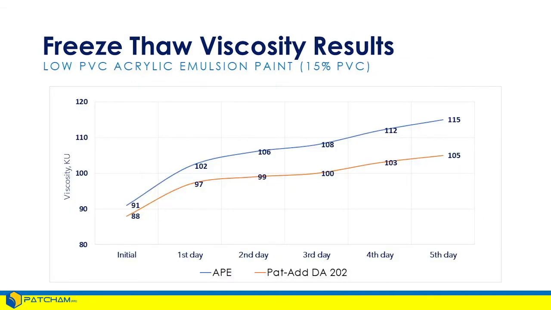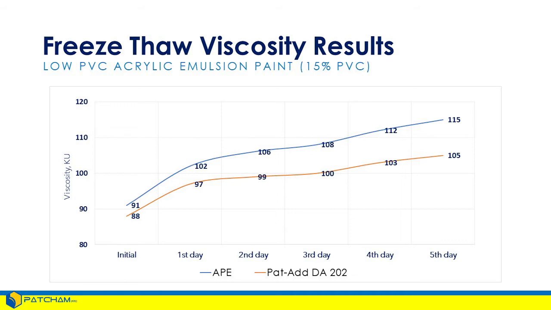Freeze-thaw stability. This is where we freeze the paint and we thaw it out, freeze it, thaw it out, freeze it, thaw it out. And on the fifth day of the test, we plot the measured viscosities. You can see that the red line, which is DA202, and the blue line, which is APE, are pretty equivalent, almost the same.